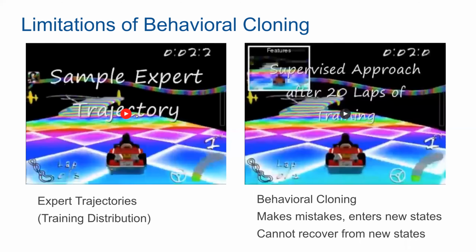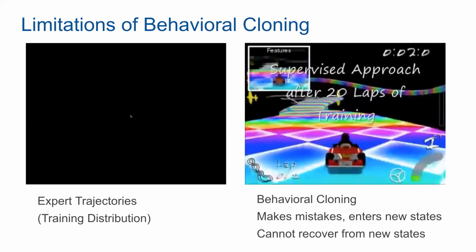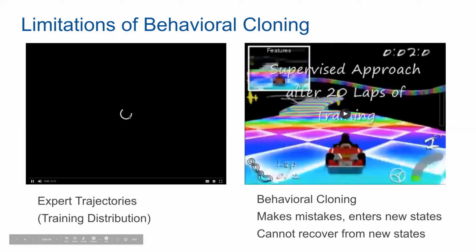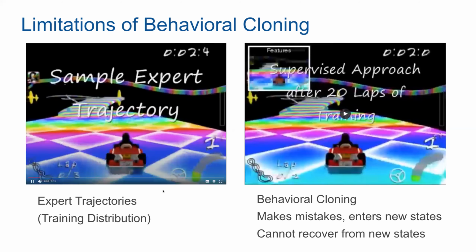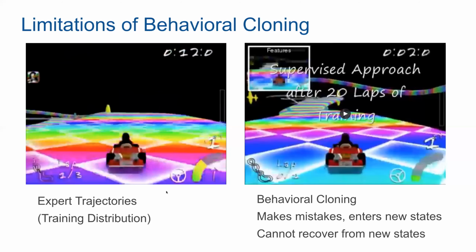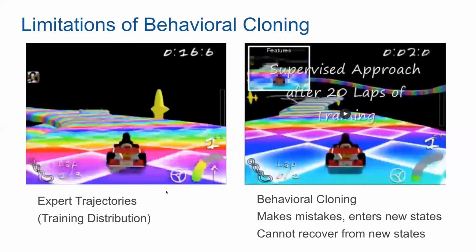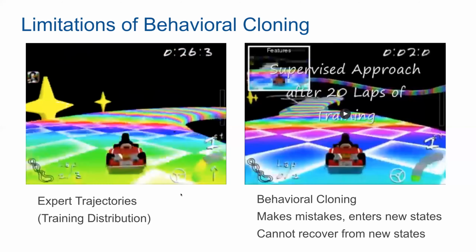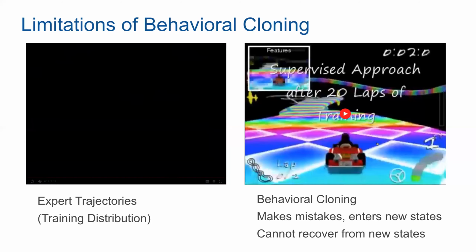I'm not sure the videos will play well, but if they don't, you can watch the videos on the slides. So this is an expert trajectory. Someone's playing the game, and we're recording the state-action pairs.